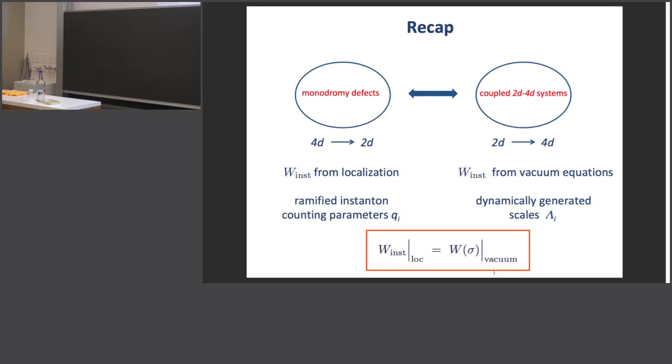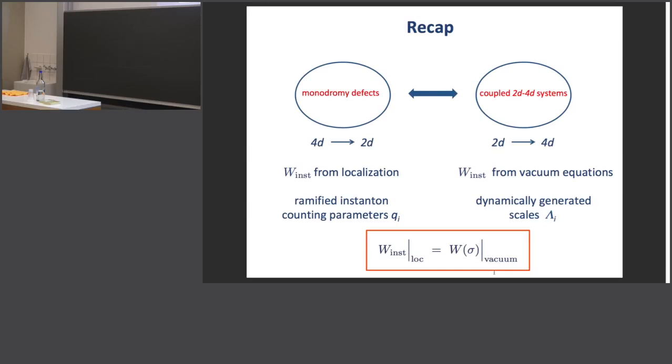One, from a purely 4-dimensional point of view, by looking at the singular behavior of the gauge fields, we identify the 2-dimensional structure, which is characterized by non-perturbative effects called ramified instantons. And we computed the effective dynamics using the generalization of the Nekrasov partition function due to Kanno and Tachikawa.